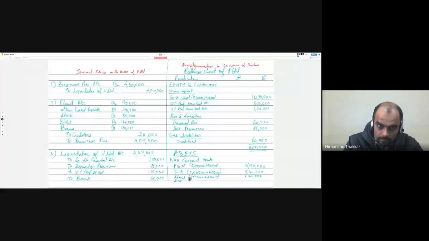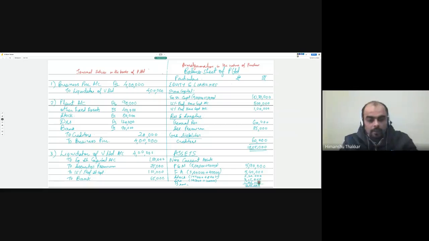I don't have space here on this page, so kindly bear with it. 3 lakh 15,000. Then comes bank, 1 lakh 90,000, and that's it. The total is 18 lakh 55,000. With this, we end this paper.